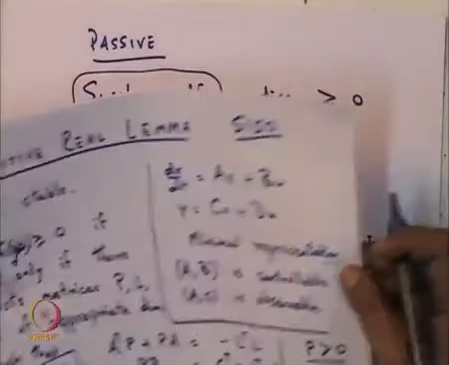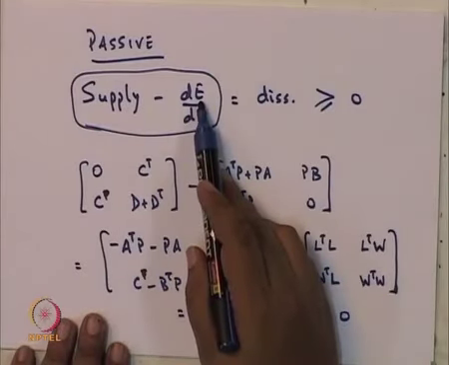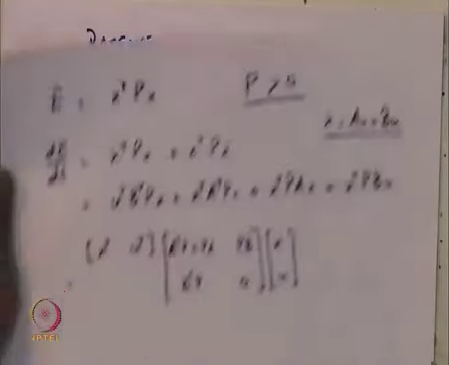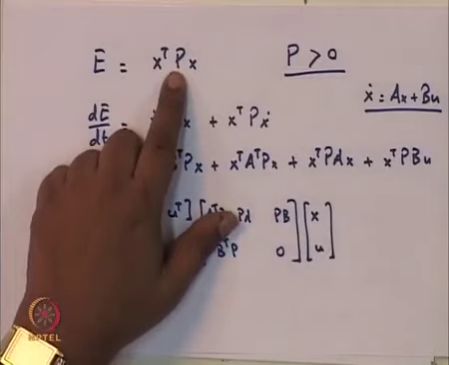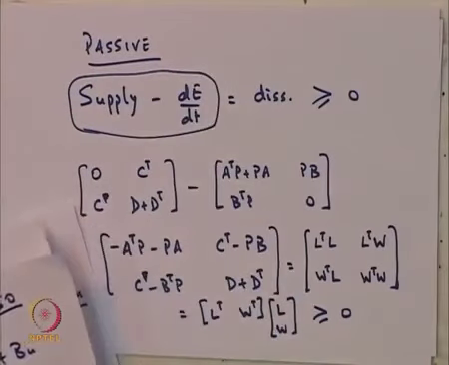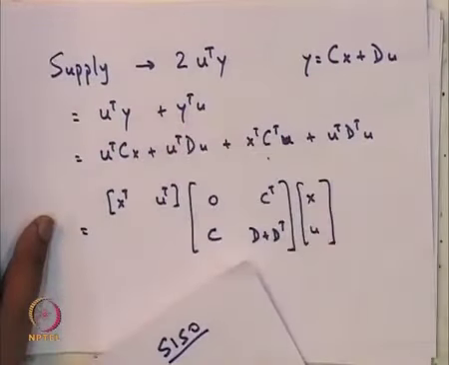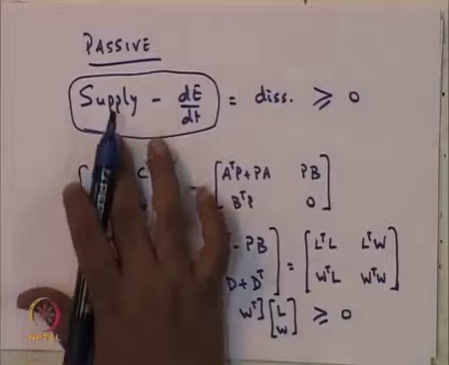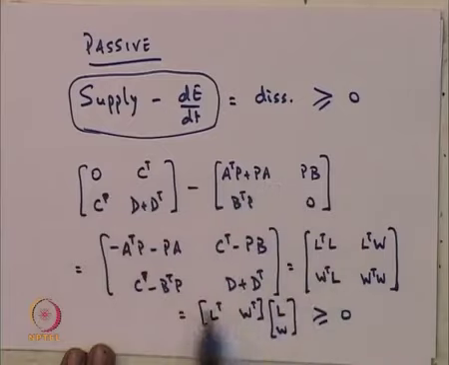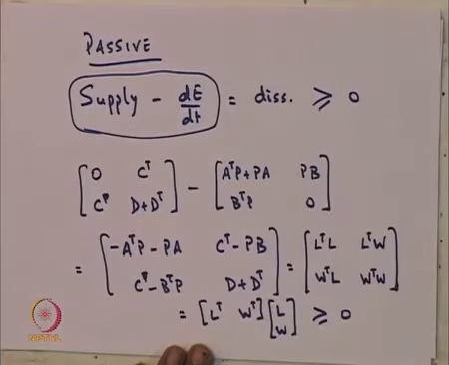Now, what I have just shown here is, if you consider the storage function to be x transpose P x, where P is obtained from that positive real lemma, and if you think of the supply as u transpose y, then when you take supply minus the rate of change of storage, you end up getting this equation, and you manipulate that, you get that it is going to be greater than or equal to 0.